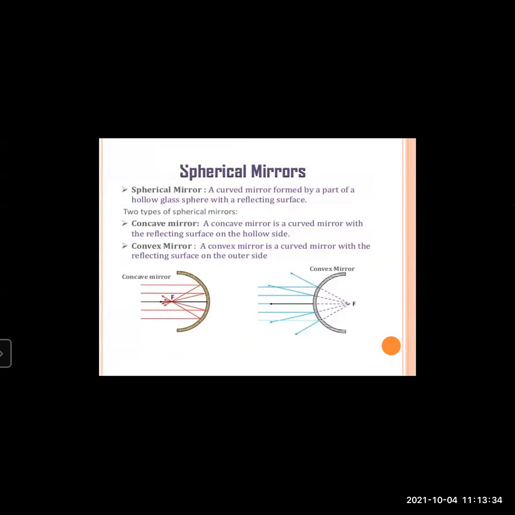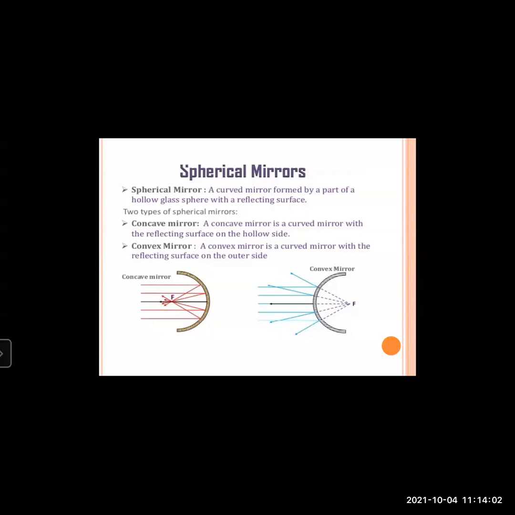Whereas in the convex mirror, all the rays are reflected and spread out. To get the image, we extend all those reflected rays behind the mirror, and then we get a point F, and that is called divergence. So do remember which spherical mirror undergoes convergence and which undergoes divergence.